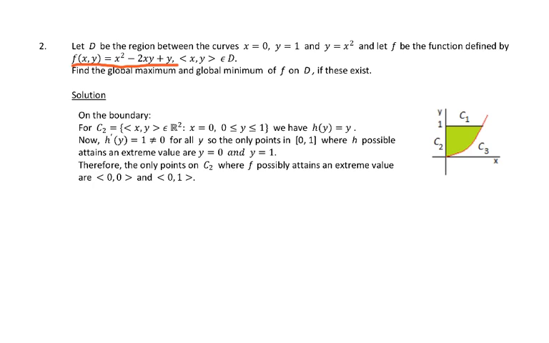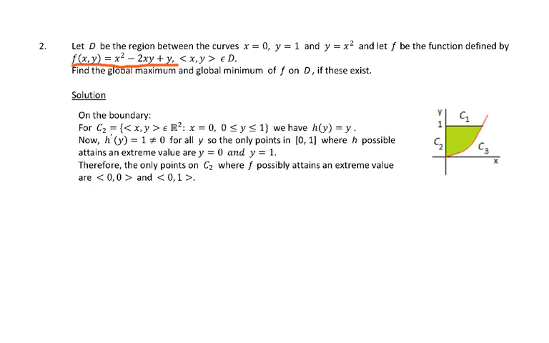We use the first derivative of y to find the critical points, and we know that the other possible points where h can have an extreme value are at the endpoints, and come to the conclusion that the only possible extreme values can be at y equals 0 and y equals 1. Therefore, the only points on C2 where f possibly attains an extreme value are at the points (0, 0) and (0, 1).